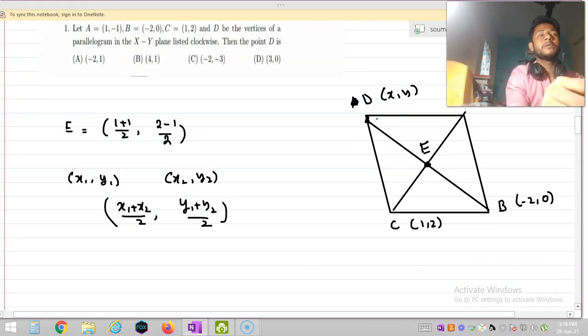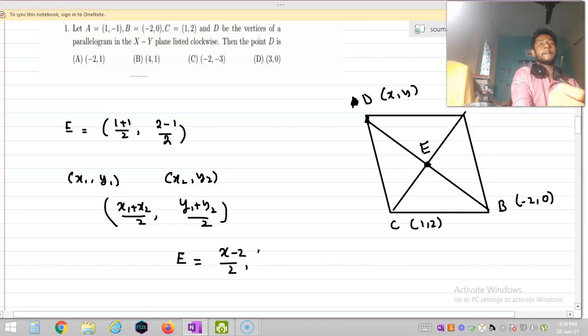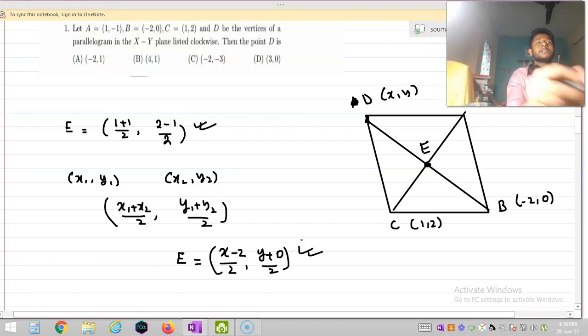Again we know that E is the midpoint of DB also. So by using the coordinates of D and B, I can also find the coordinate of E. Then the coordinate of E is ((x - 2)/2, (y + 0)/2). This is again a coordinate of E, so I can equate these two coordinates.